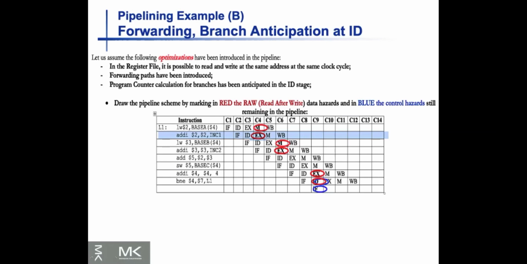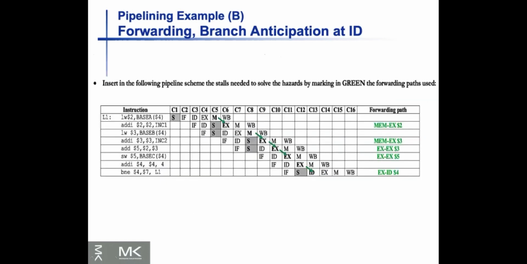Now, using the forwarding, you're going to be given such a table. Again, you don't have to put the stalls, but you have to find the forwarding path, and you're going to be given another column to write the forwarding path. For instance, here for the case of $2, we are forwarding from the mem stage to the X stage.